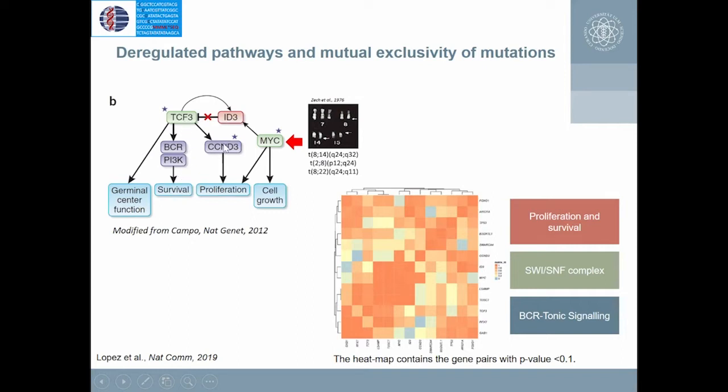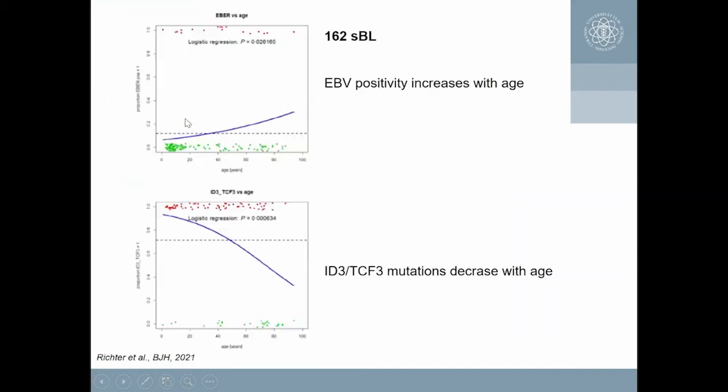Others are cyclin D3. So there are only a few modules which need to be deregulated in Burkitt lymphomas in addition to the MYC translocation. In our data in sporadic Burkitt lymphomas, we have 60 to 70% of tumors showing ID3 or TCF3 mutations. But this frequency decreases with age.